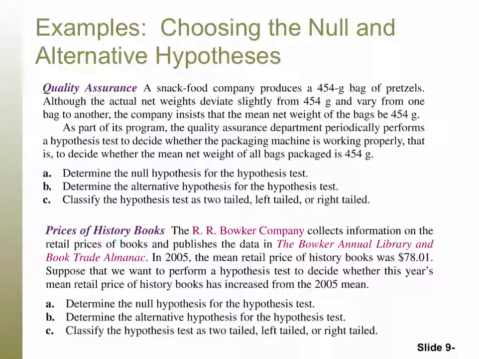Okay. So although the actual net weights deviate slightly from 454 and vary from one bag to another, the company insists that the mean weight of their bags is 454. As part of its program, they periodically perform a hypothesis test to decide whether the packaging machine is working properly. That is, to decide whether the mean net weight of all bags is 454.